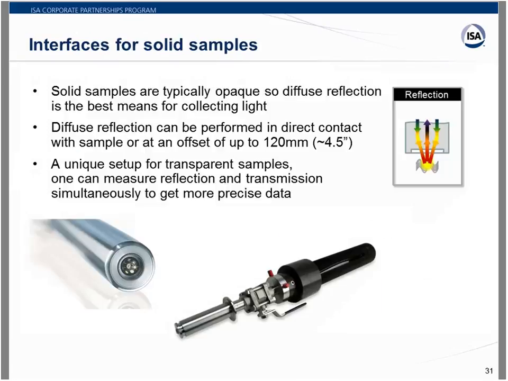So there are several different types of interfaces for the sample measurements that you may want to consider, because whether you're dealing with a solid or a liquid sample, your interface will change. For a solid sample, you usually use what's called diffuse reflectance, where you're bouncing light off the surface and collecting light coming back into your sample probe.